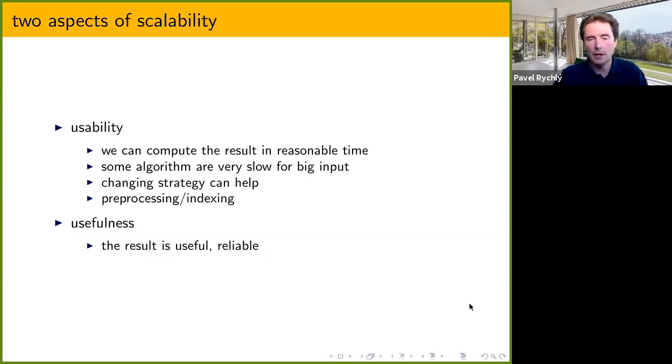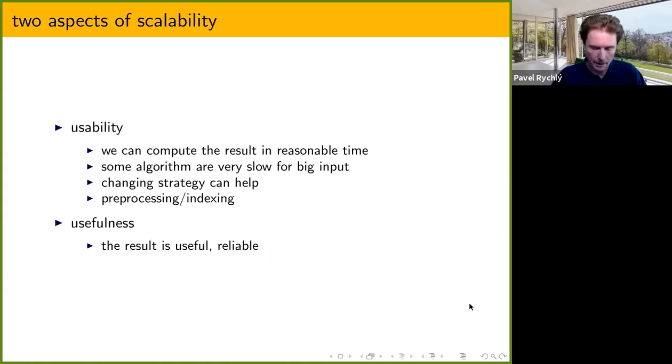Sometimes changing the strategy or the algorithm can help. Sometimes some pre-processing or indexing could be used to speed up.